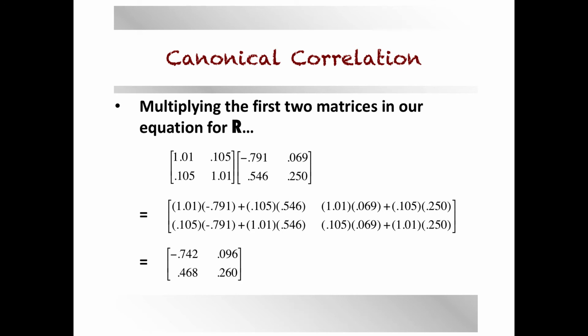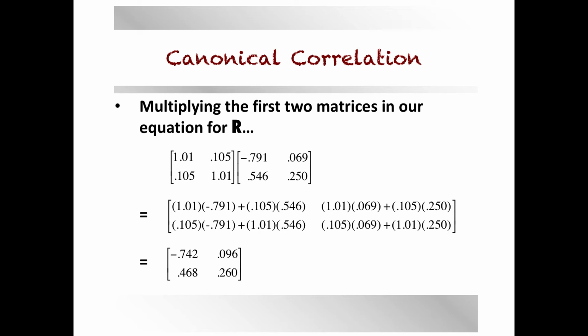For example, for the top left of the resulting matrix you have the top row of the first matrix, 1.01, 0.105, multiplied by the left column of the second matrix, 0.791 and negative 0.546, and you distribute it out. So it's top left multiplied by top left plus top right multiplied by bottom left, right? If you're following along with the numbers, hopefully you are, or if you're not, you might be able to see the patterns just by staring at it for a minute or two.